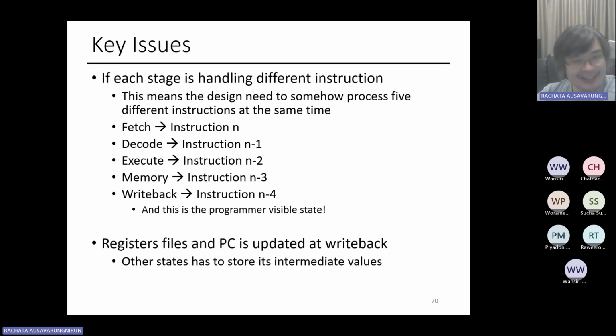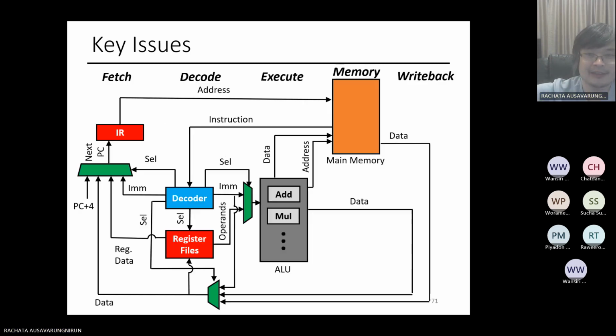And again, what programmers see should be just what happened after the write back. Register file and program counter have to be updated at write back. So that's one big issue now, right? Register file and the program counter are updated after I'm done with the write back.